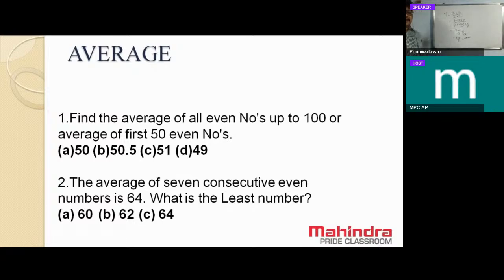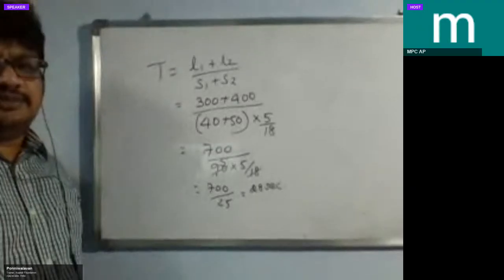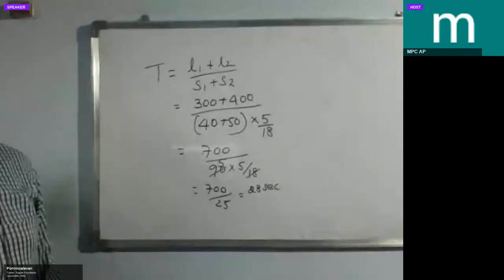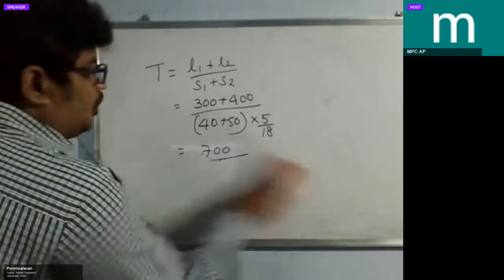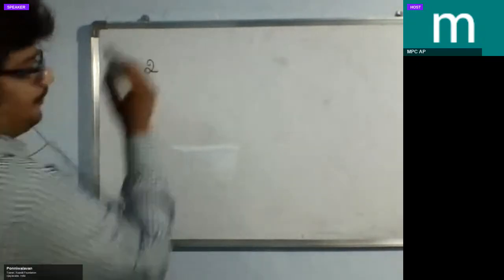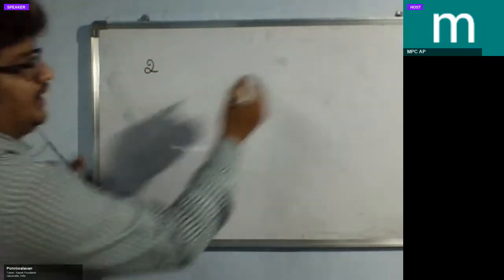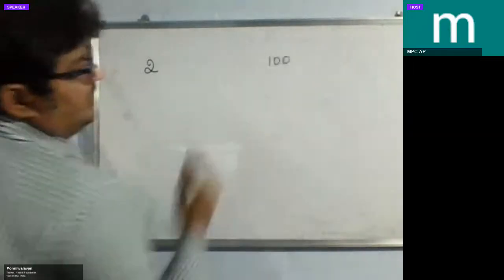Hey, all even natural numbers up to 100. Now it starts from natural numbers. I told natural numbers. Even natural numbers. What is the first even natural number? 2. So up to 100, it is 100.